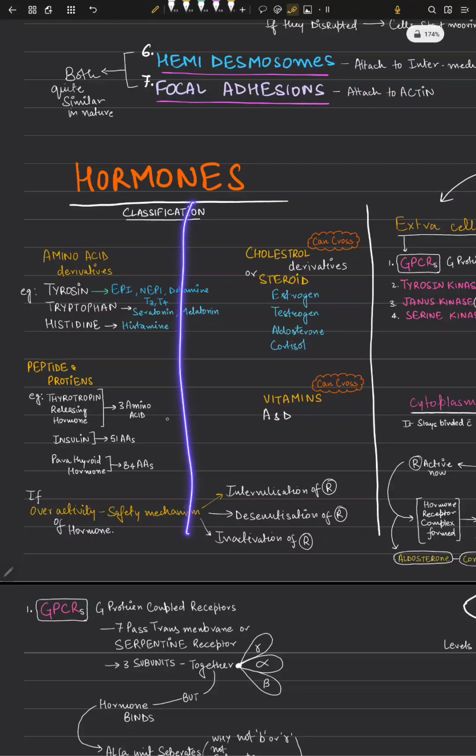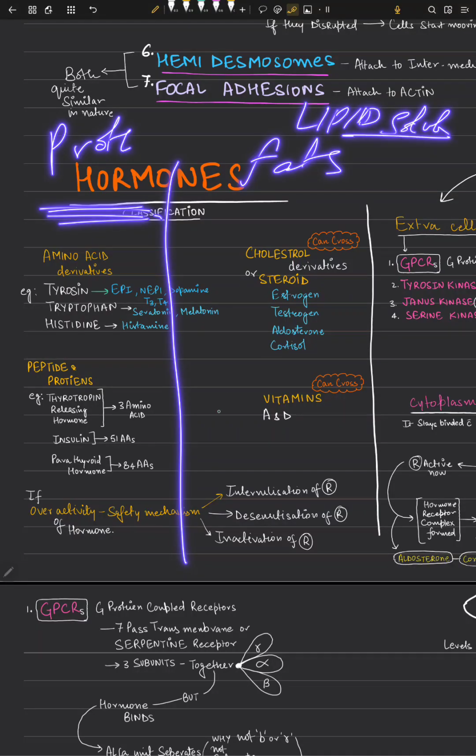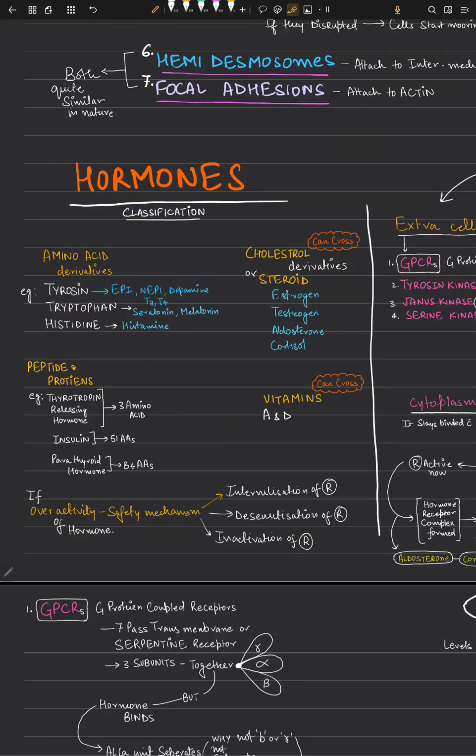So these two are proteins, and these are fats, majorly lipid soluble. So if something is lipid soluble, it means it can cross the membrane, right? It can cross this bilipid layer membrane, right?